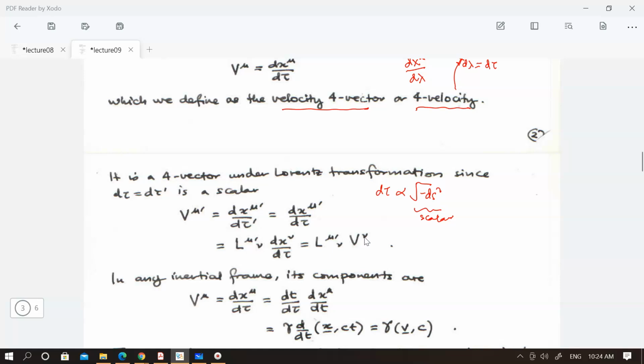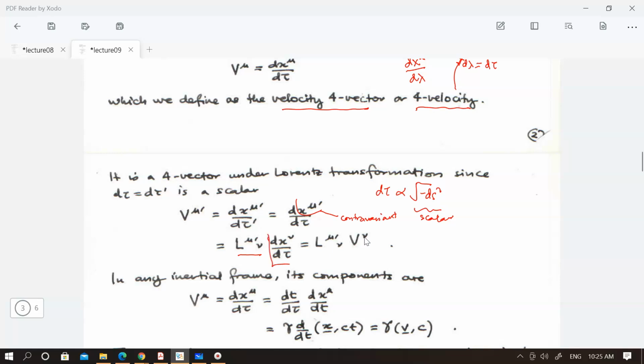But x mu dash, we know, is already a 4 vector. The position vector is a contravariant 4 vector, and you know how this transforms according to your Lorentz matrix. So I have this multiplied by the Lorentz matrix, and then I change this mu dash into a nu.